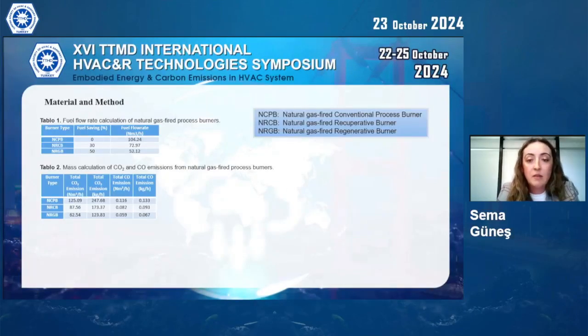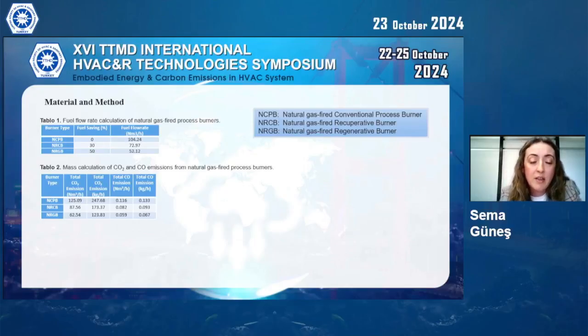In this table, NCPB is natural gas fired conventional process burners, NRCB natural gas fired recuperative burners, NRGB natural gas fired regenerative burners. You can see the fuel flow rates and fuel saving percentage of different burners using natural gas, while conventional process burners do not provide any fuel saving.